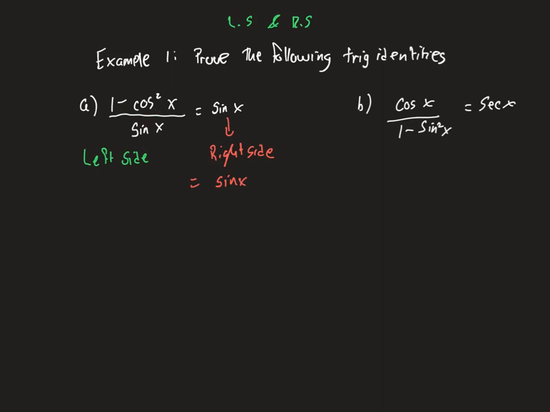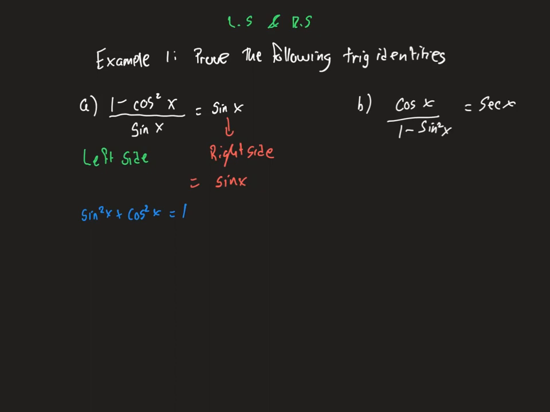Well, I know from the previous page, we said that sine squared x plus cos squared x was equal to 1. So if I were to solve for, let's say, getting sine squared x by itself, well, what would I do?